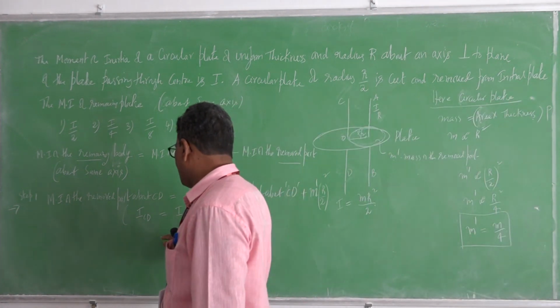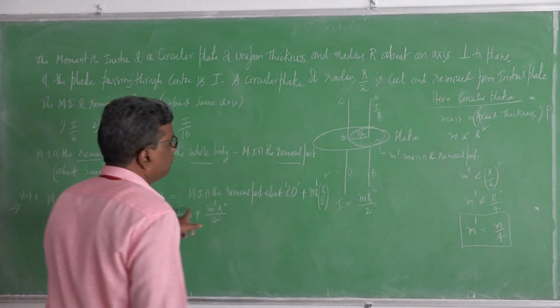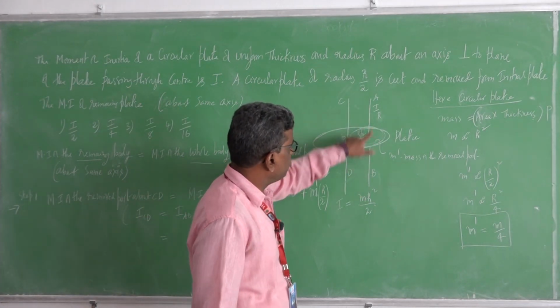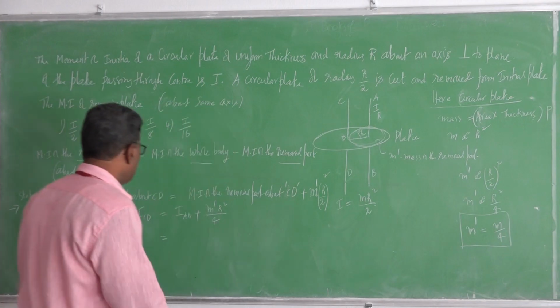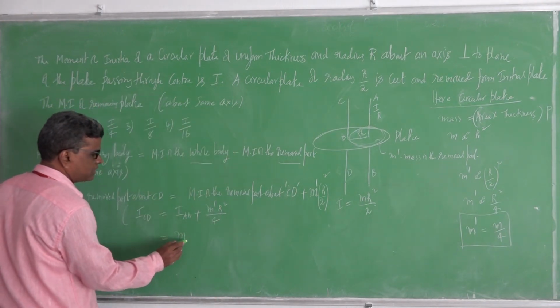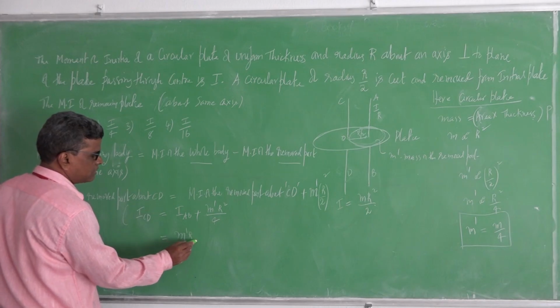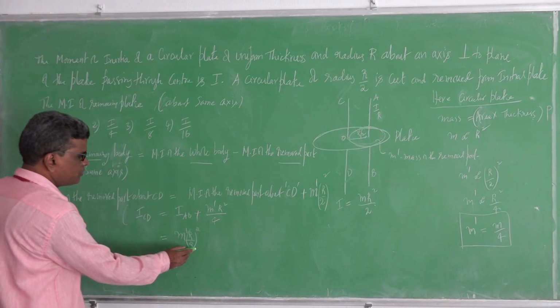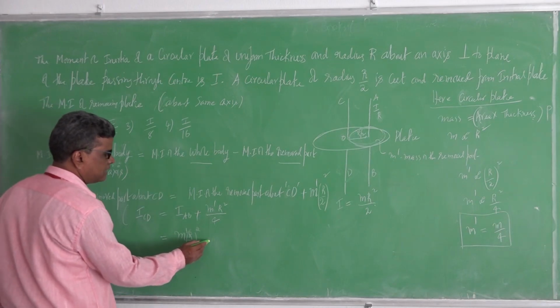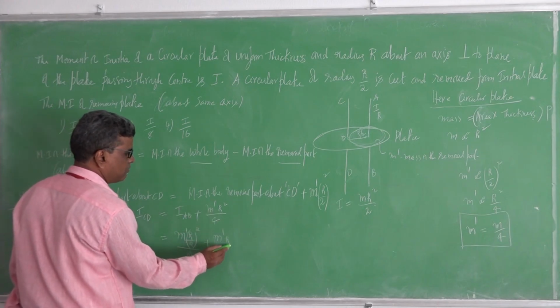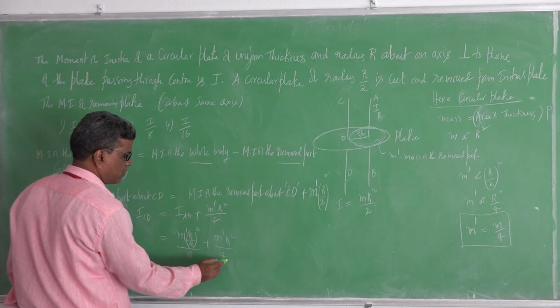Now what is I AB, the moment of inertia of this removed part about AB? I am applying the disc formula, m dash, its radius is r by 2 whole square, m r square by 2. I am applying this formula plus this one, m dash r square by 4, okay.